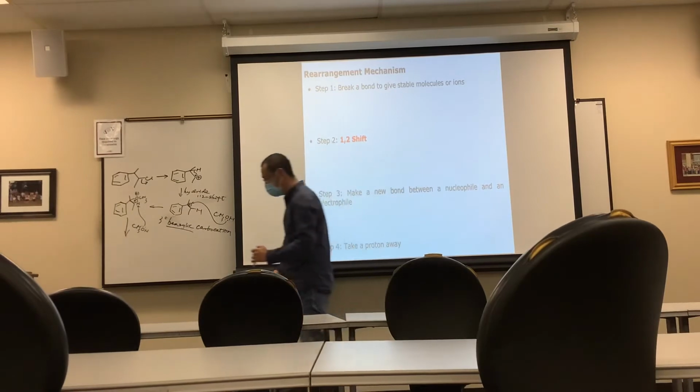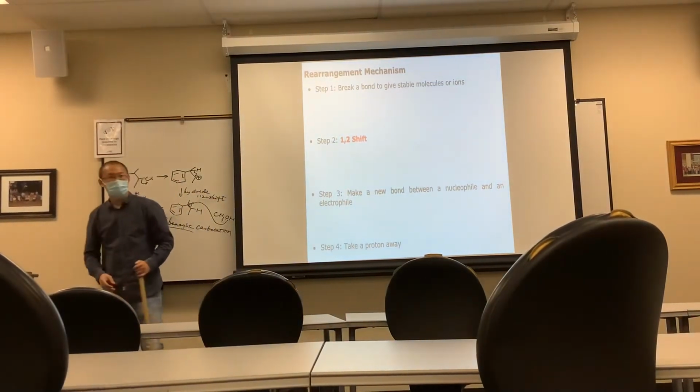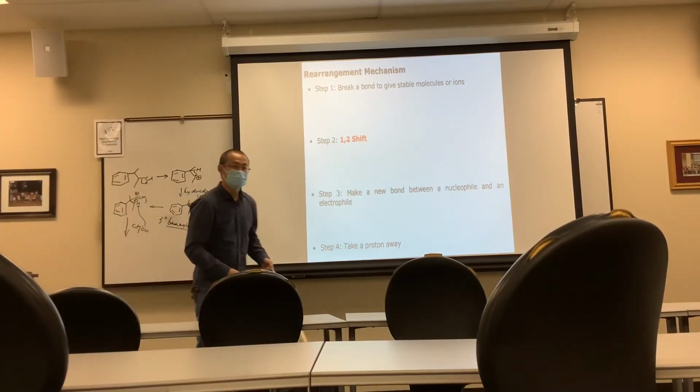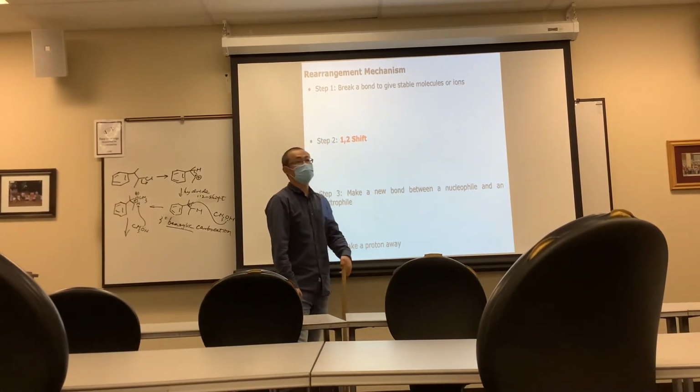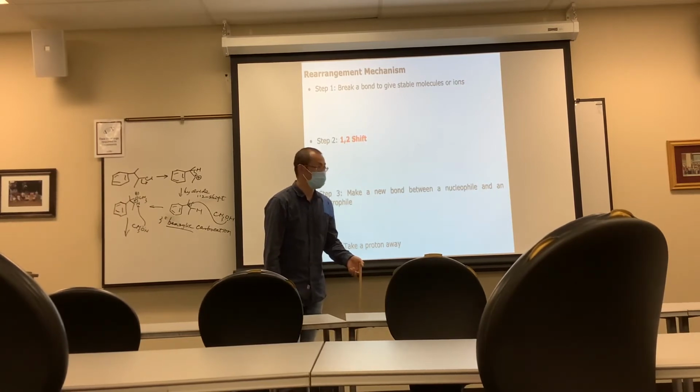Okay, guys, let's review what we have studied. Substitution means what? The nucleophile takes the leaving group away, substituting the leaving group. And we have two mechanisms, SN2 and SN1. In SN2, the reaction is in one single step. Two species are involved in the rate determining step, the nucleophile and the electrophile.